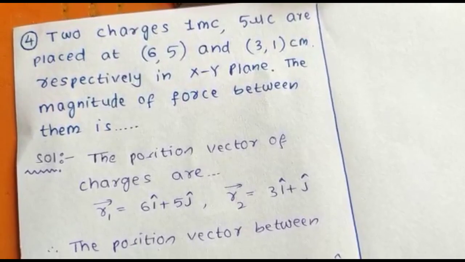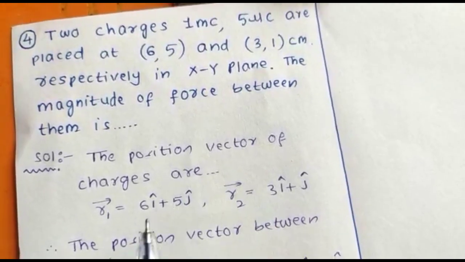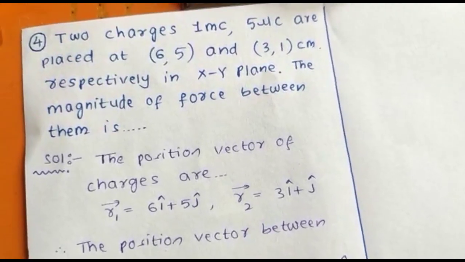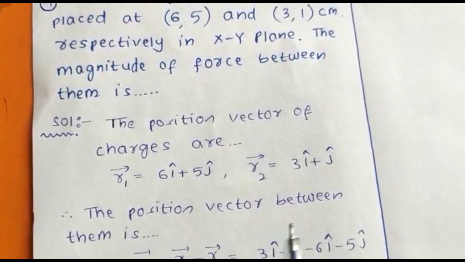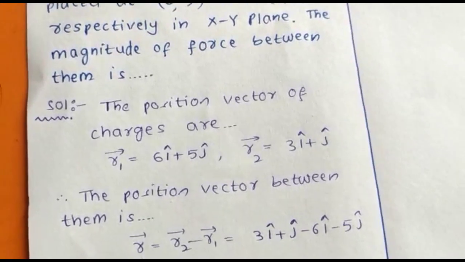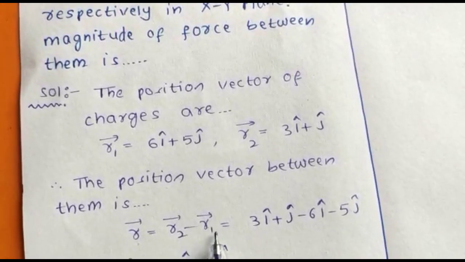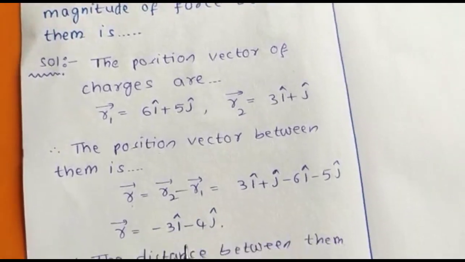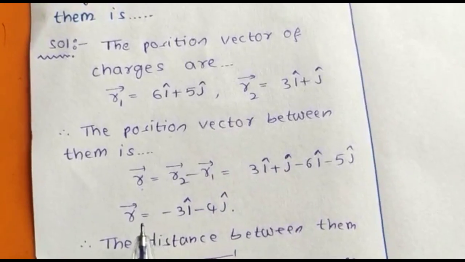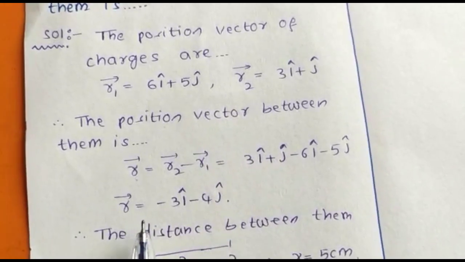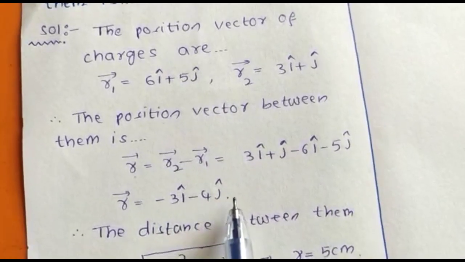These position vectors we have already discussed in the first year, and everybody knows that. Now the position vector between them is R bar equal to R2 bar minus R1 bar. Just substitute the R2 bar and R1 bar values and simplify, and you get R bar equal to minus 3 i cap minus 4 j cap.